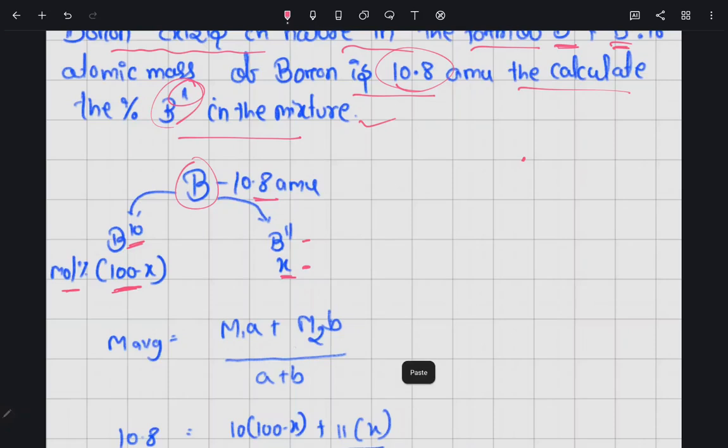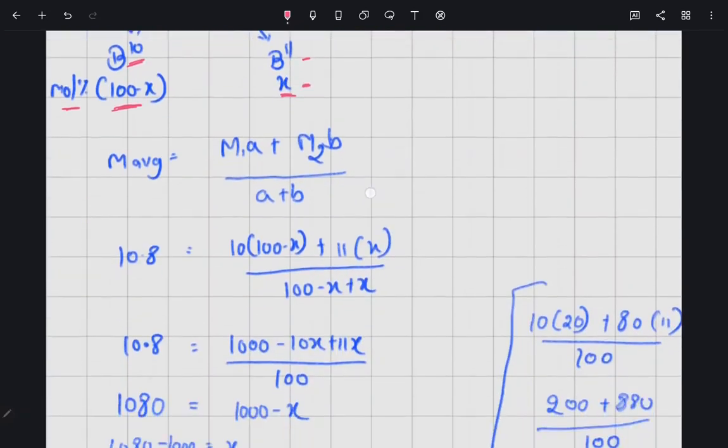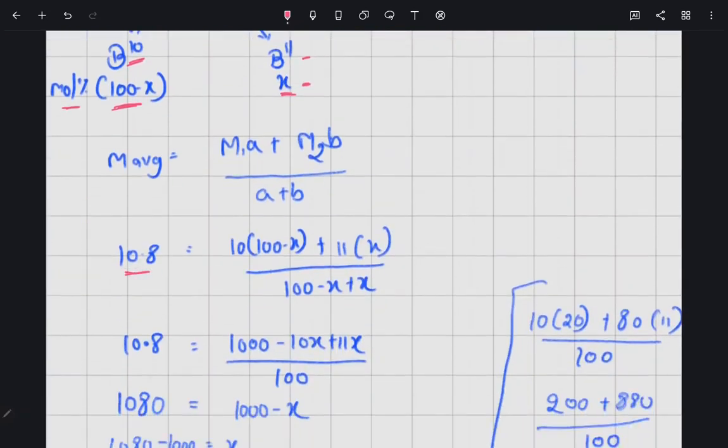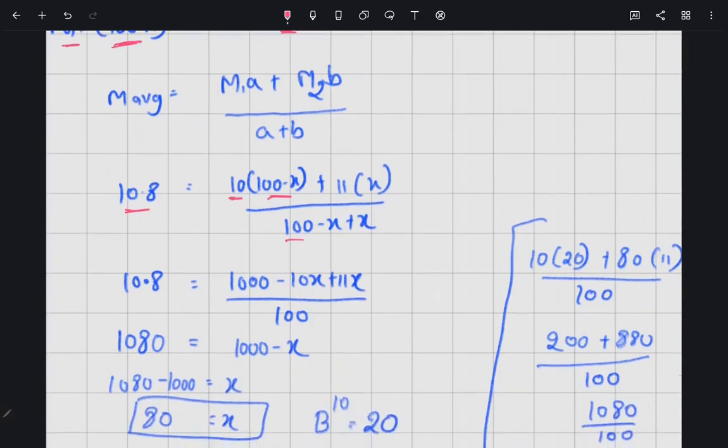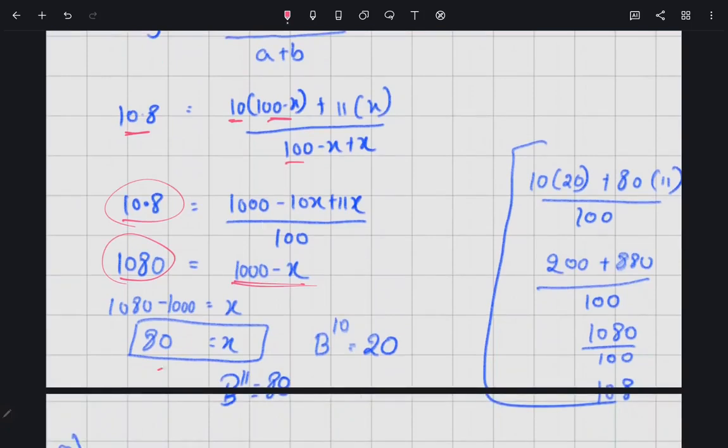M average is equal to (M1A plus M2B) divided by (A plus B). So 10.8 is equal to (10 into (100 minus X) plus 11 into X) divided by 100. If you solve, 1080 equals 1000 minus 10X plus 11X, so X is equal to 80.